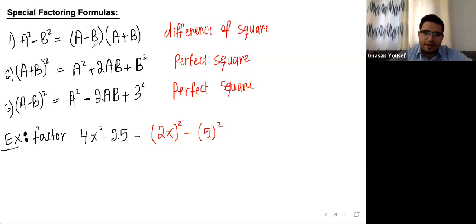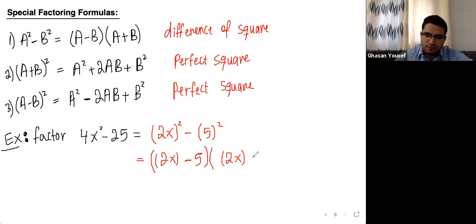So this is my A and this is my B. Now I can apply the difference of square as 2x minus 5, close the parentheses, times 2x plus 5. That's it. This is the factoring of 4x squared minus 25.